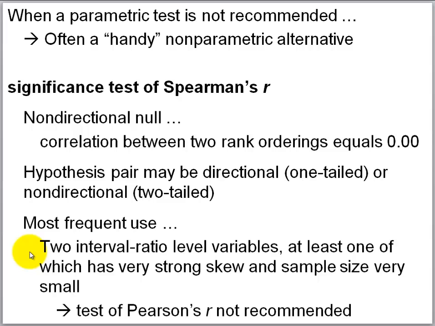And then also sometimes data is gathered in rank ordered form rather than at the interval ratio level, and that's also a situation where Spearman's R may be in order. Its results will be more accurate than those for Pearson's R. Its p-value will be more accurate when you have very strong skew and very small sample size.